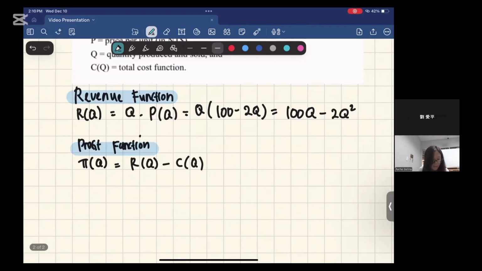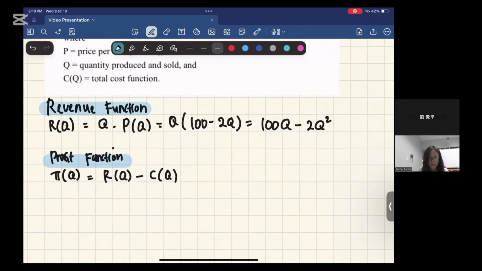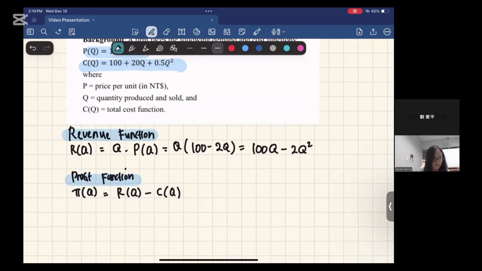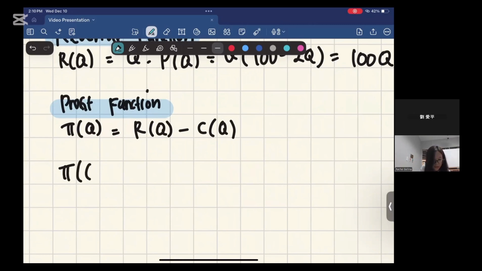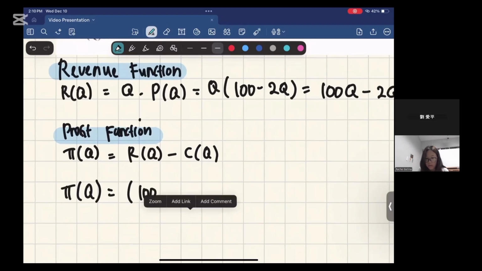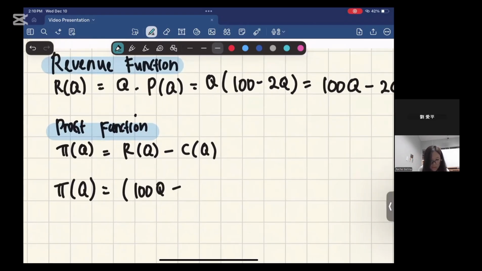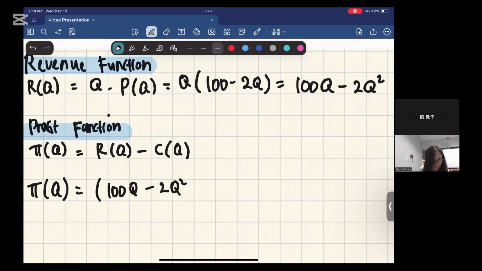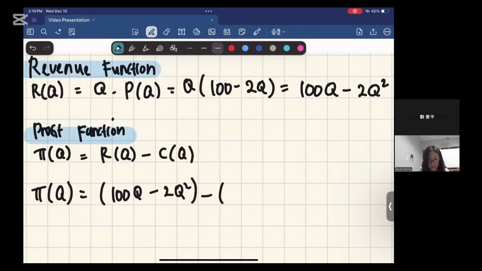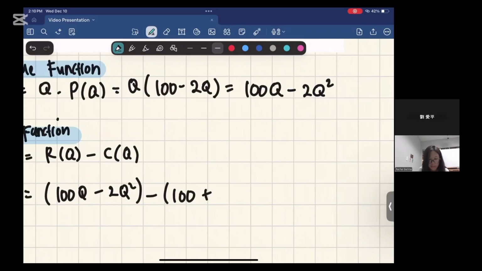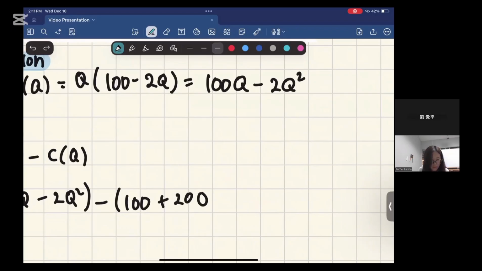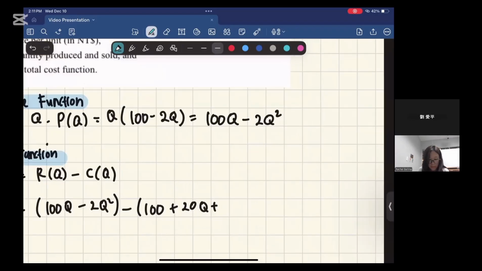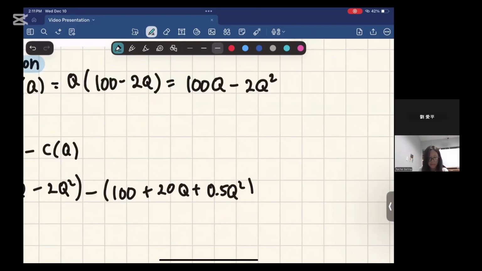And then once we get the revenue and the cost function, we need to substitute them. So pi of Q equals 100Q minus 2Q squared, minus (100 plus 20Q plus 0.5Q squared).